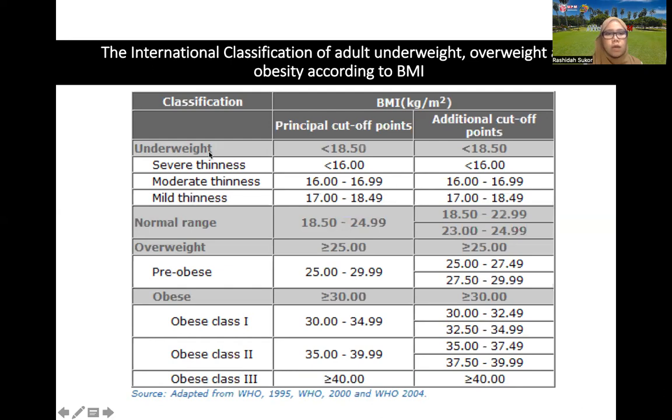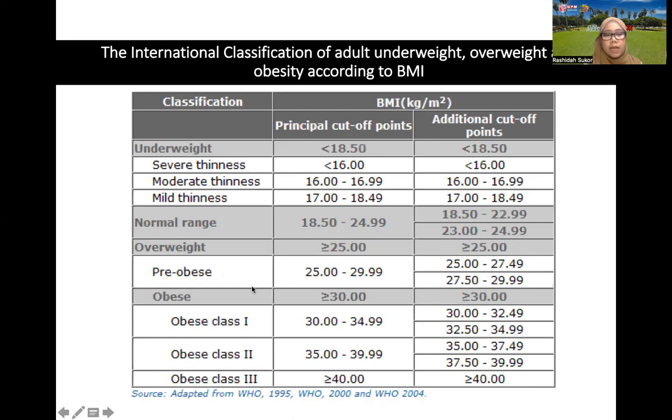For those who are underweight, there are several measures: severe thinness, moderate thinness, and also mild thinness. The normal range is about 18.5 to 24.99. If it touches 25, it is already considered overweight, pre-obese.